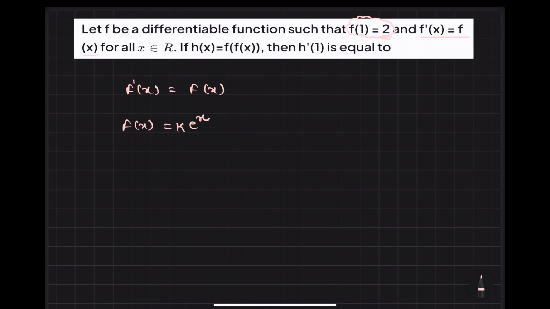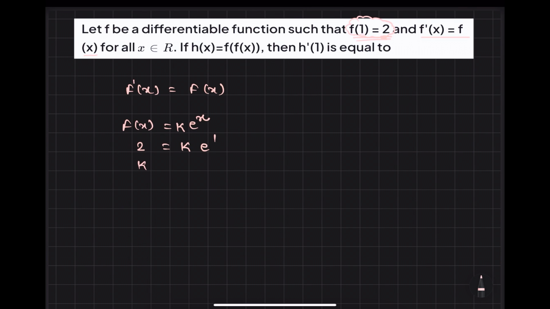Okay. Now you have to calculate the value of k. So how will you get that done? You will be using this idea. In place of x you have to put 1, in place of y you have to substitute 2. So f of x is nothing but y. So here you will be writing 2 equals k e power 1.